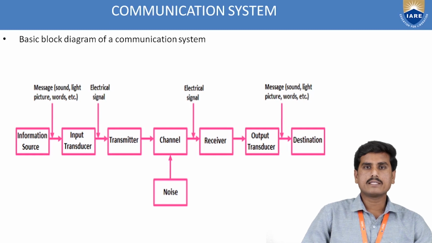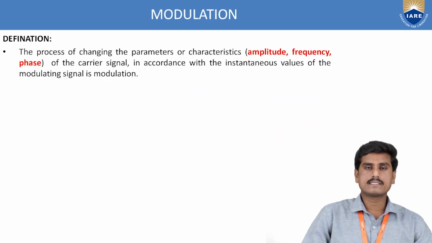In communication we have some requirements. The basic requirement is modulation. So what is modulation? Modulation is the process of changing the characteristics of a carrier signal with respect to the instantaneous values of the message signal.